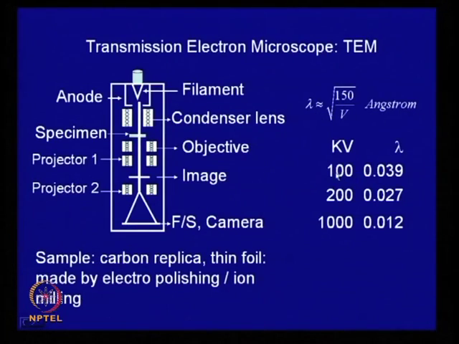And if you calculate this, even if you use 100 kilovolt, you get a wavelength of 0.039, which is much smaller than the wavelength of X-ray. So, its resolving power is much more, and it can also penetrate thin foil. Therefore, the resolving power of modern microscopes is very close to atomic plane resolutions.